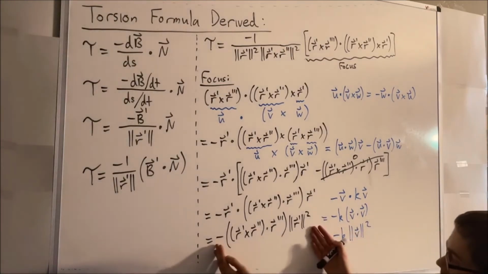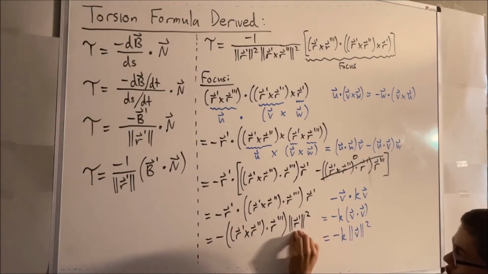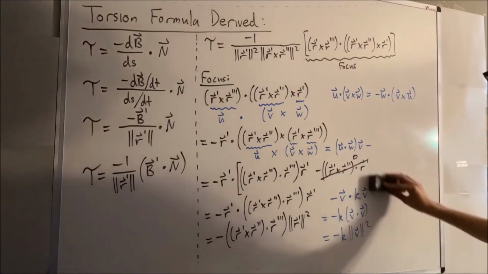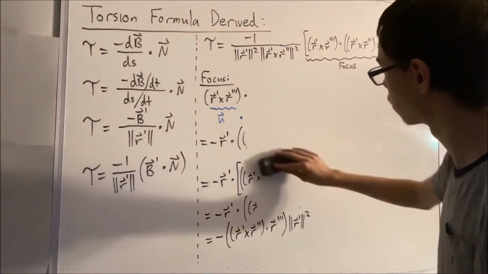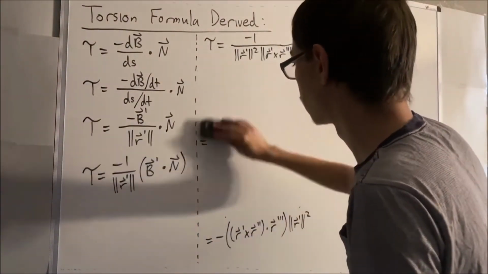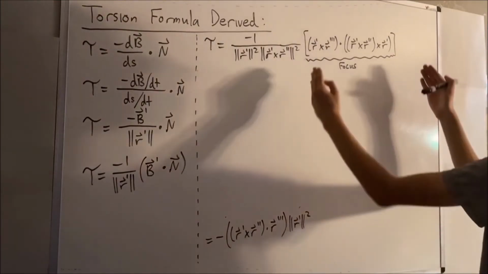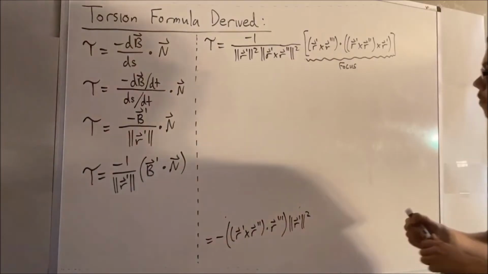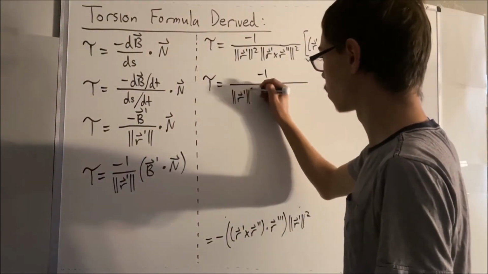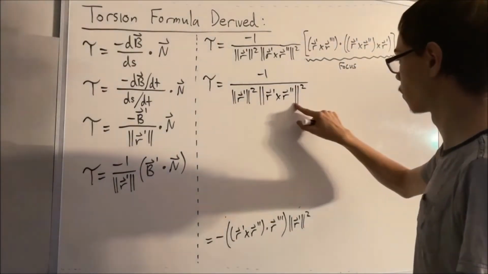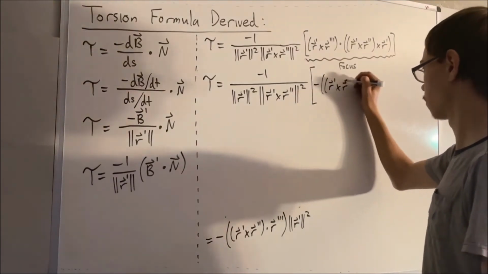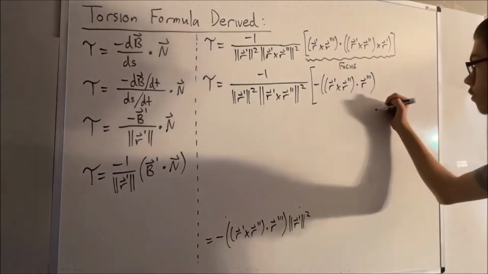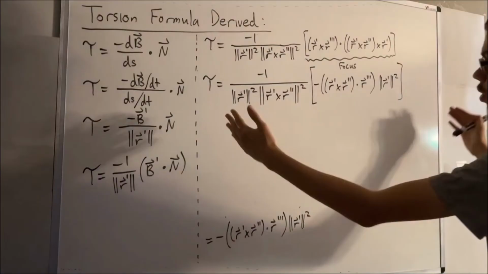And this is where our magnitude of r prime squared comes from. And so now all we're going to do is substitute this for what we have right here. And so this is really what we get.